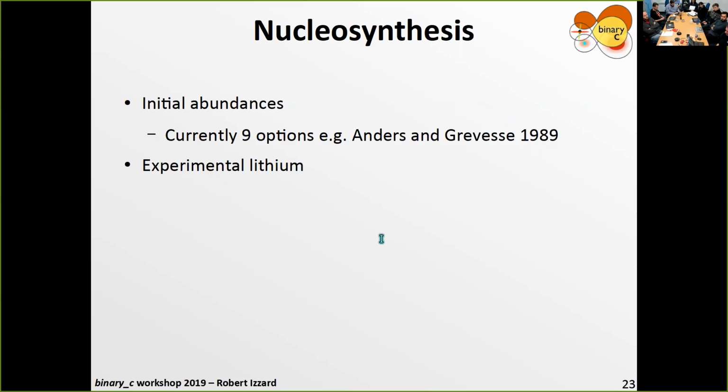Then the question is, how much mass do you need to accrete? That's a number that I think was 0.15 solar masses in BSE. I'm not sure whether that's right. It probably depends on the mass of the white dwarf as well. But you can put in a prescription for that. That's easy enough to put in. Yeah, definitely not very well understood. So, yeah, keeps us in jobs. Don't worry. Good.